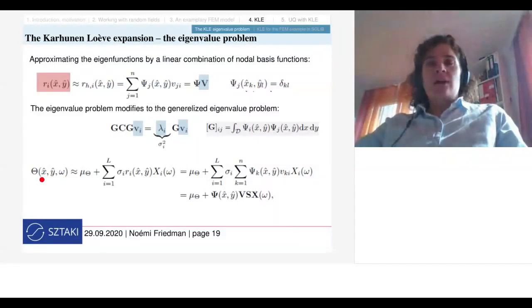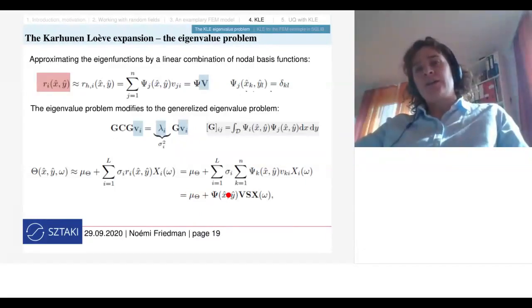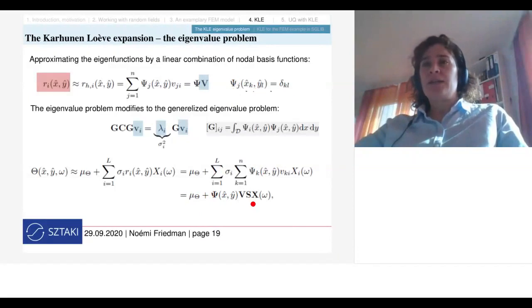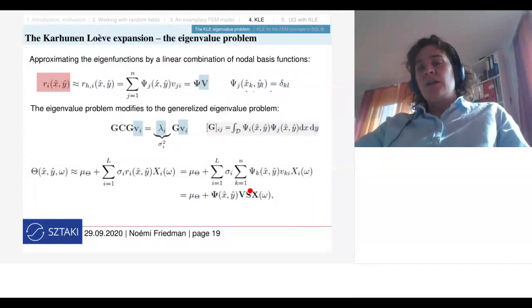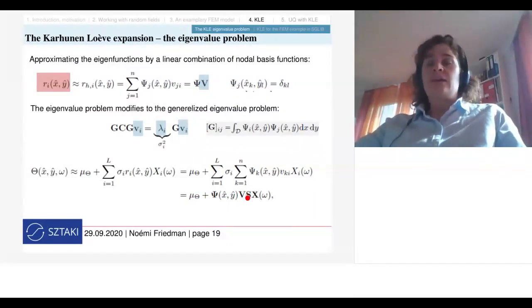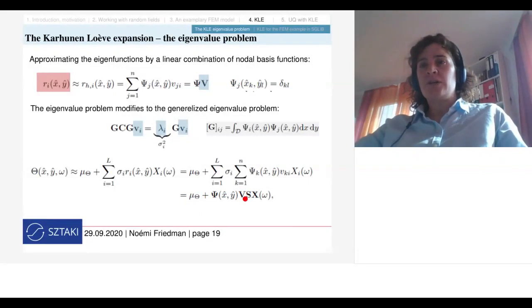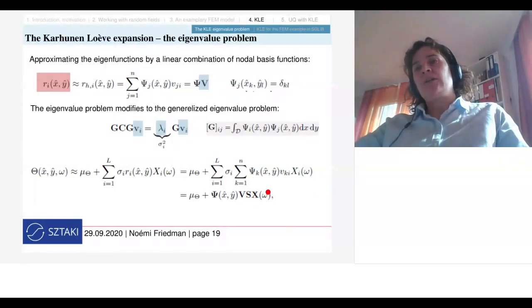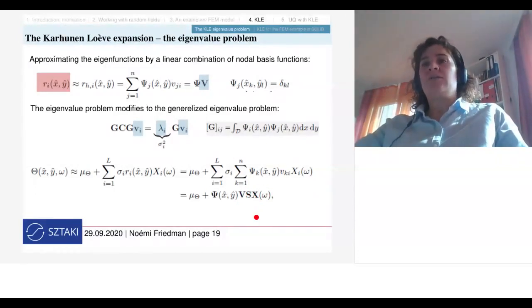Okay, so this was my underlying Gaussian random field, and this is the KLE expansion of it, which with these approximations modifies to the mean field, which in our case is 0, as I mentioned, and the horizontal vector containing our nodal basis, the V matrix containing the columns of the eigenvectors, the S are the singular values, let's say, or the scaling factors collected in the diagonal of a square matrix, and X are the independent Gaussian random variables collected in a vector.